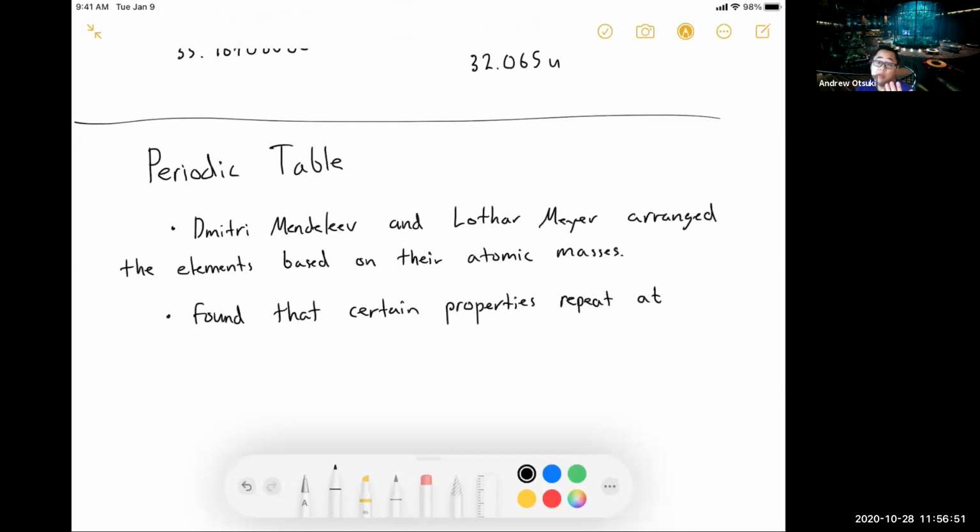And that's another useful thing for the periodic table, because we can associate a group of atoms or elements having specific properties at regular intervals.